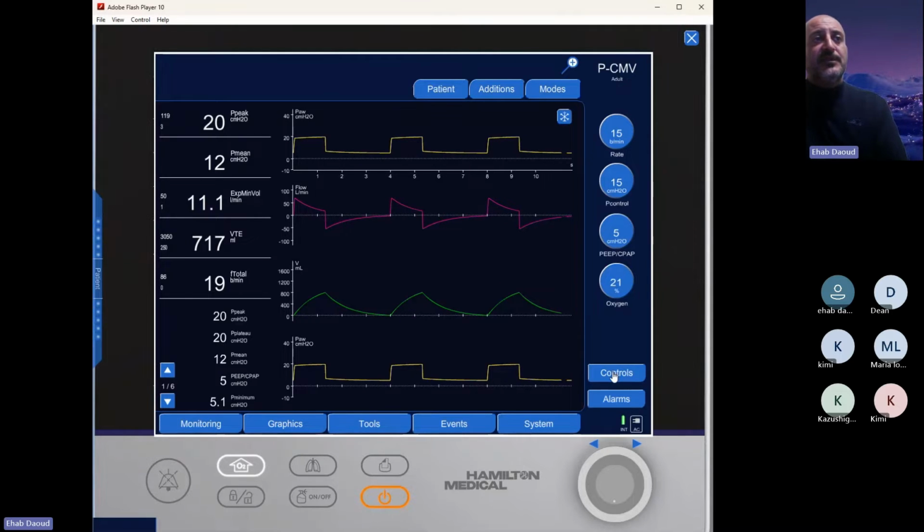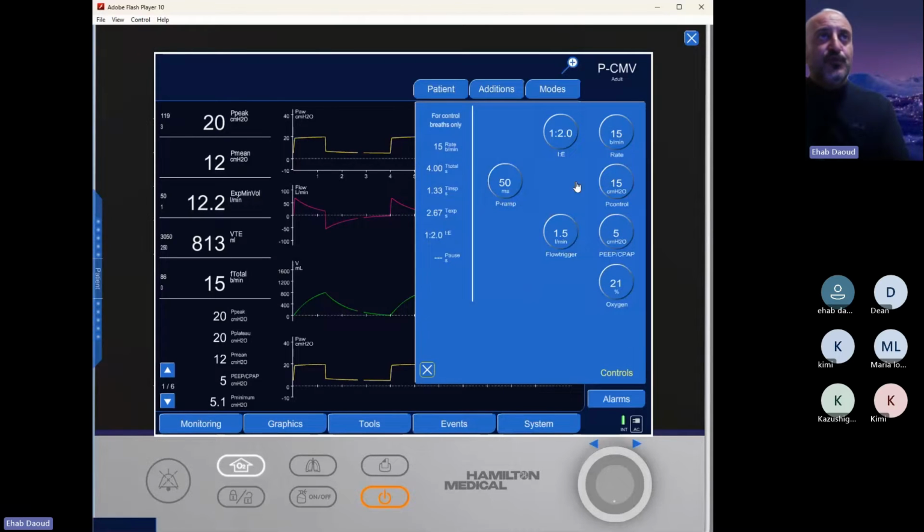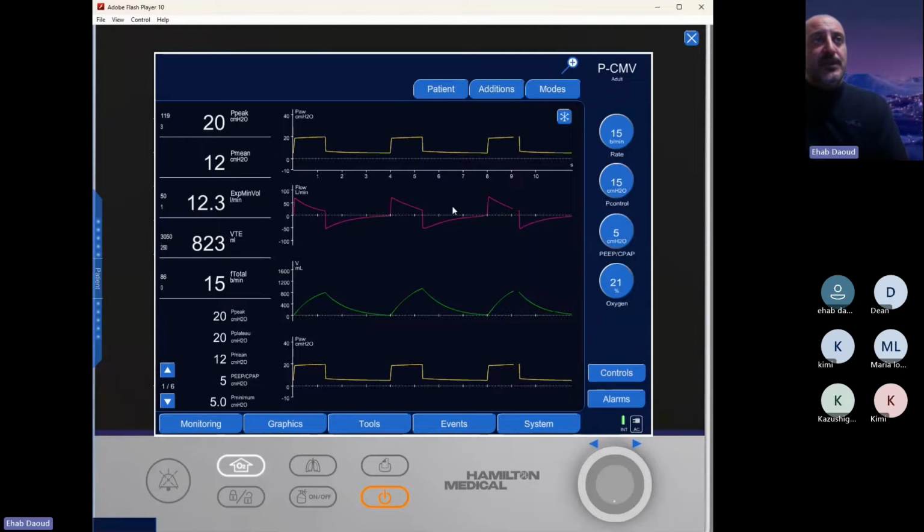And let's calculate the respiratory mechanics. So in this case, you can see that the flow is not going down to the baseline. So you need to do an inspiratory pause. In this simulator, you can do an inspiratory pause. So what I will do is increase the inspiratory time to make the flow go to zero.